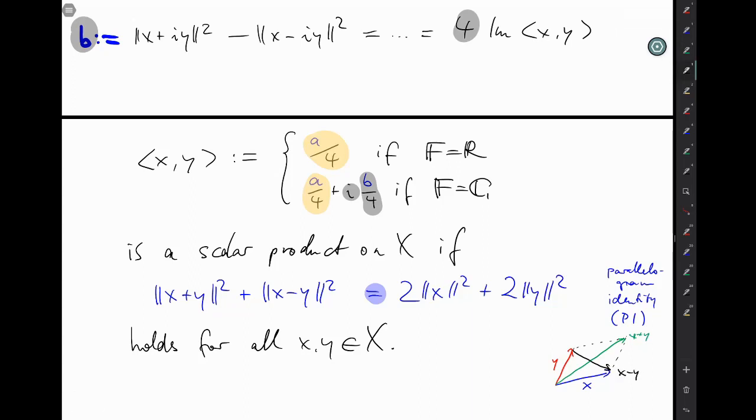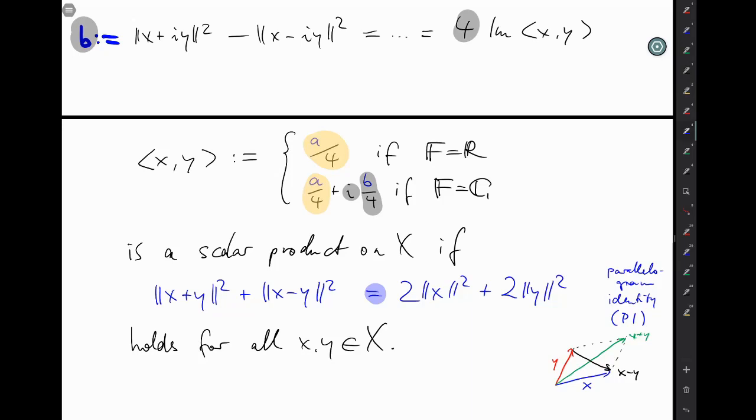And all this parallelogram identity is saying that when you take the length of the green diagonal and the length of the black diagonal squared, add them, you get 2 times the length of the blue side squared plus 2 times the length of the red side squared, and apparently that holds in all parallelograms, and well, hence its name after that.